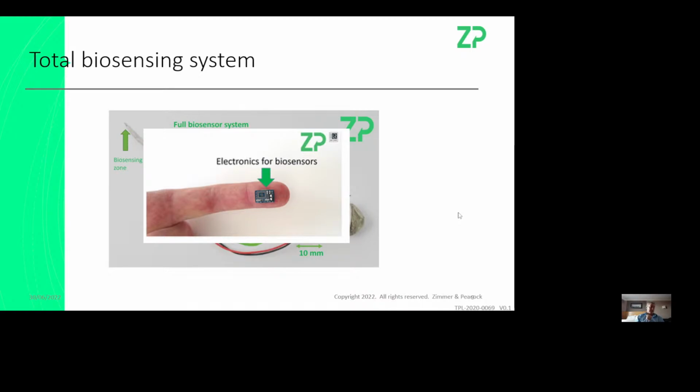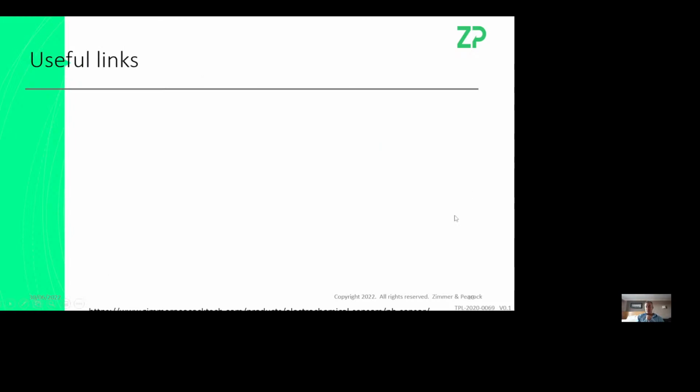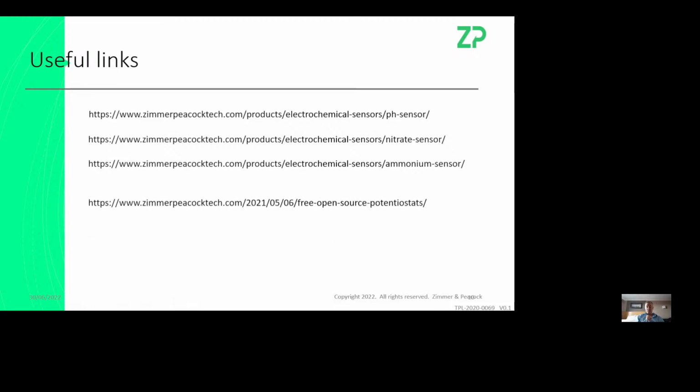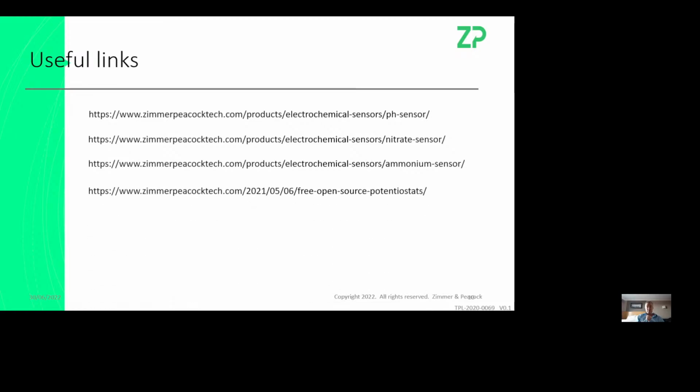It's good to reduce the materials. If you want something to be low cost and environmentally sustainable these days, then the shrinkage is a good thing. I've put some useful links up underneath the video. We've got links about the pH sensors that are ion selective electrodes, the nitrate sensors, the ammonium sensors, and the article about open source potentiostats.